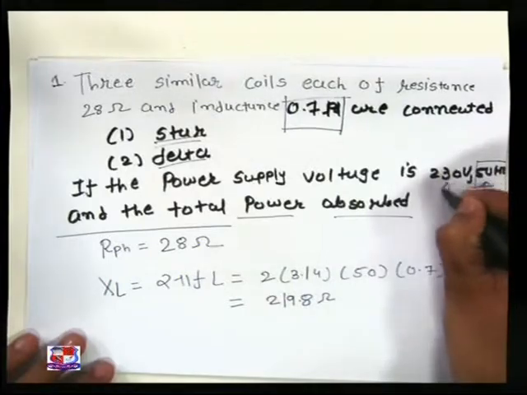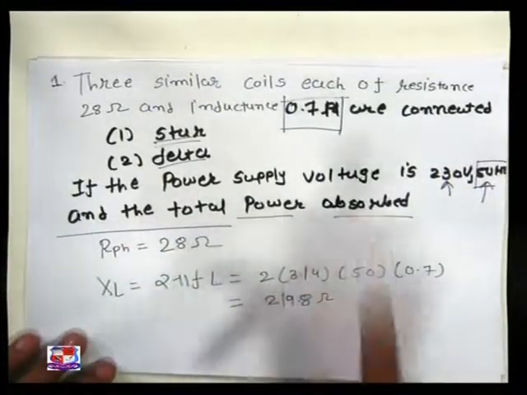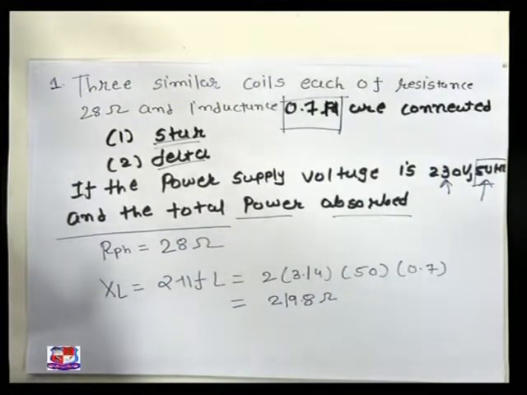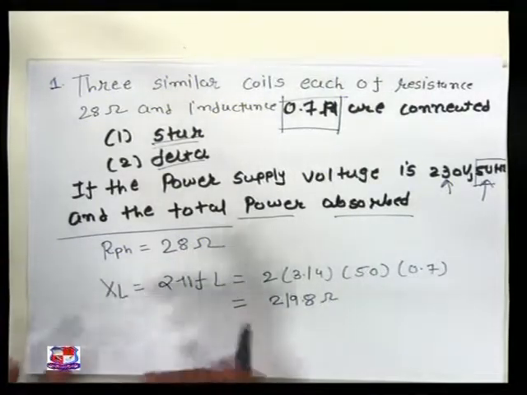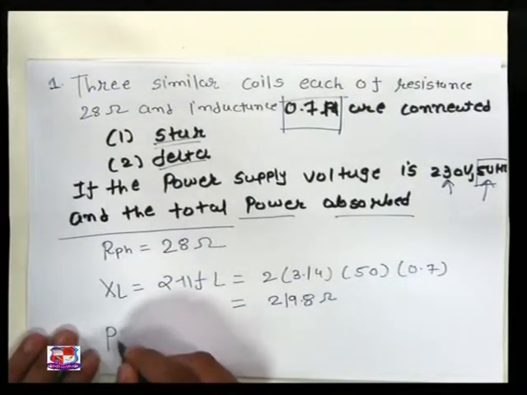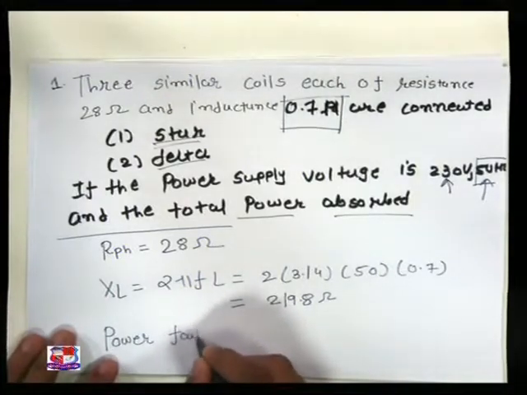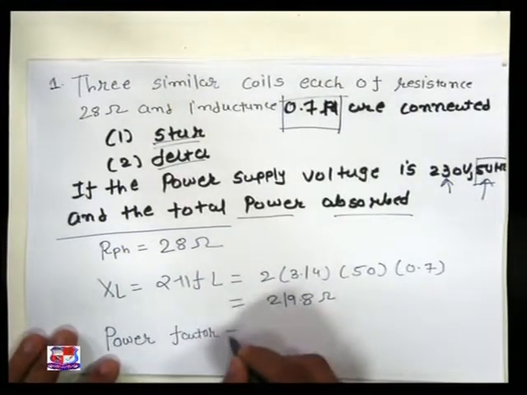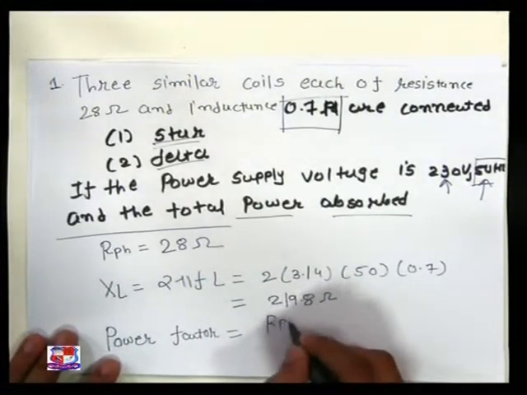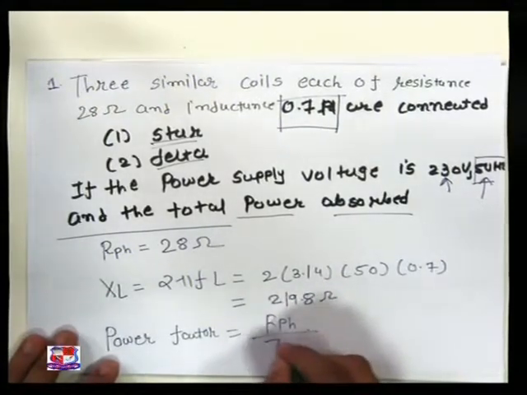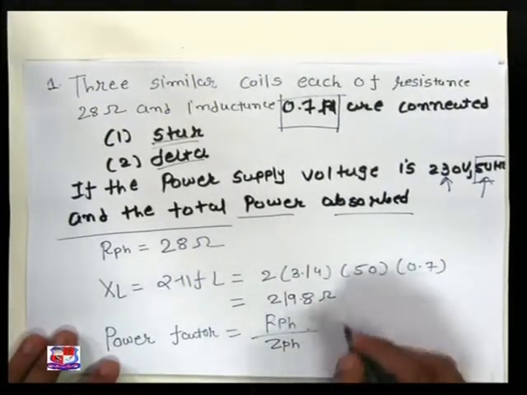So first we define the power supply voltage. We are given 230 volt, and we have to find the total power absorbed. Then the second point is how to define the power factor. Power factor means R phase upon Z phase.